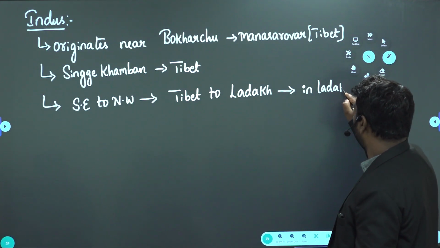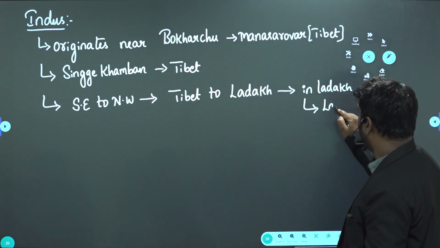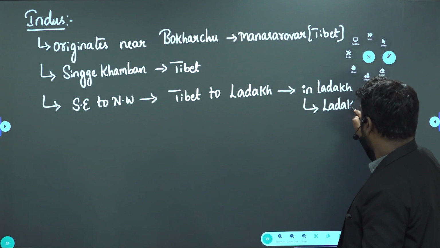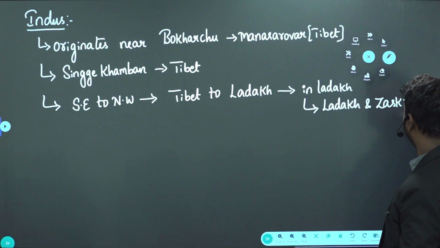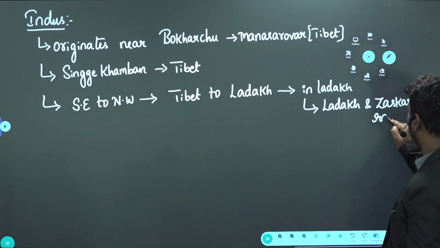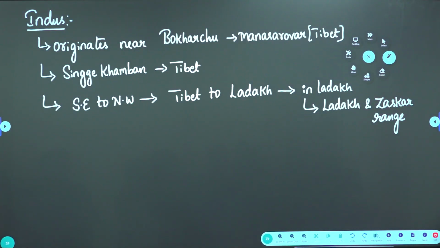In Ladakh, it flows in between the Ladakh and Zaskar range. This is important. China is building a dam here.